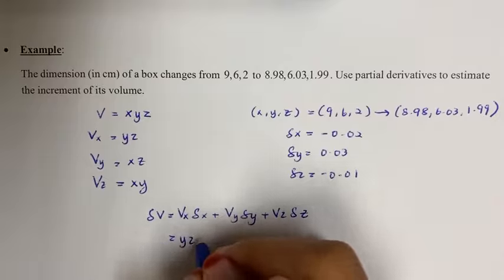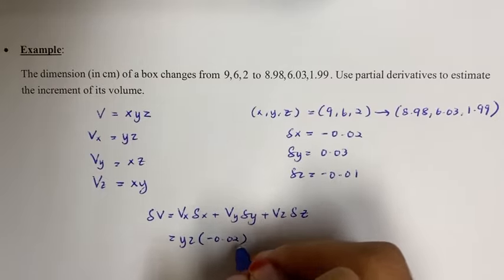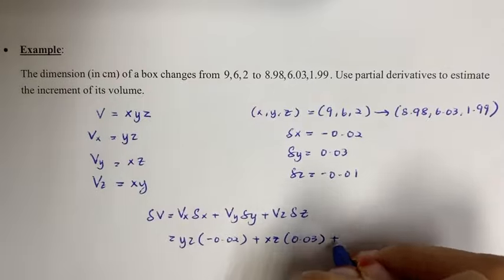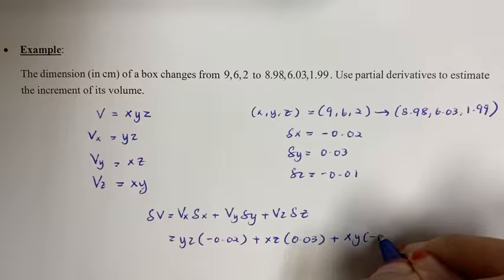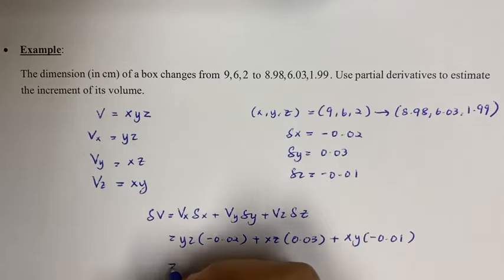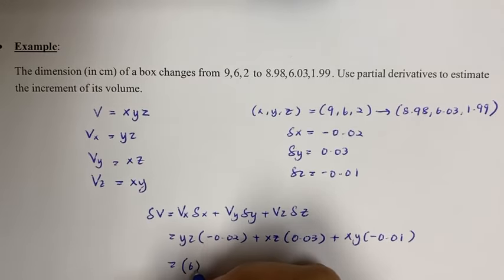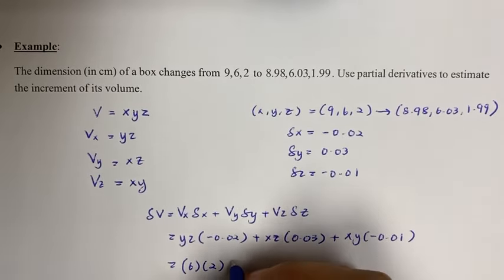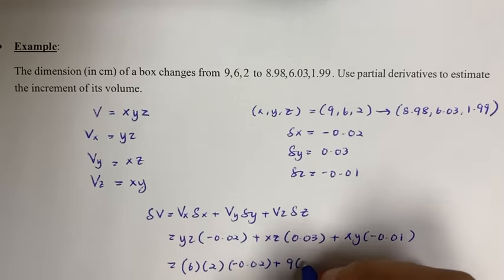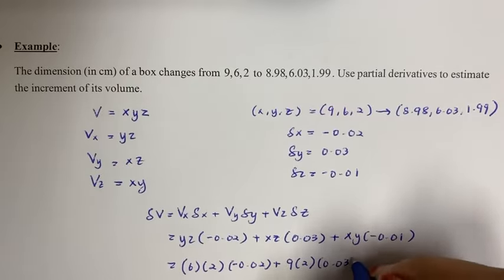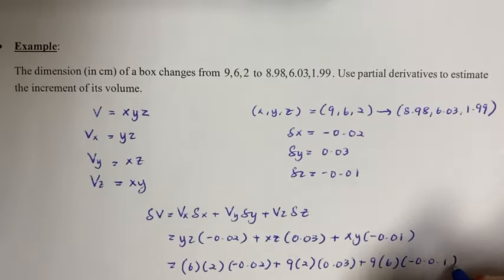So this is yz multiplied by minus 0.02 plus xz multiplied by 0.03 plus xy multiplied by minus 0.01. So from this you can substitute 6 multiplied by 2 multiplied by negative 0.02 plus 9 multiplied by 2 multiplied by 0.03 plus 9 multiplied by 6 multiplied by negative 0.01.